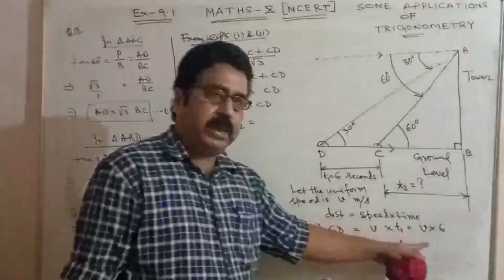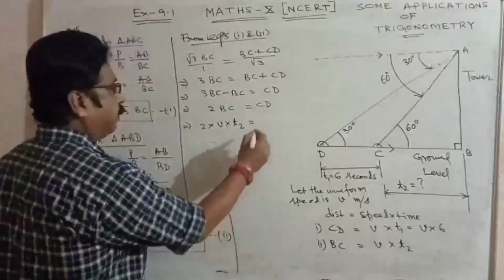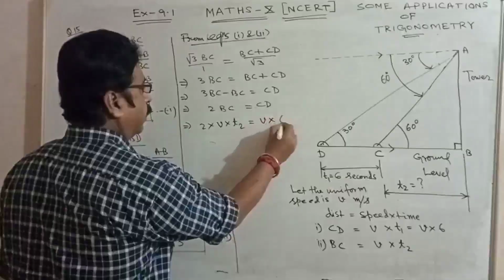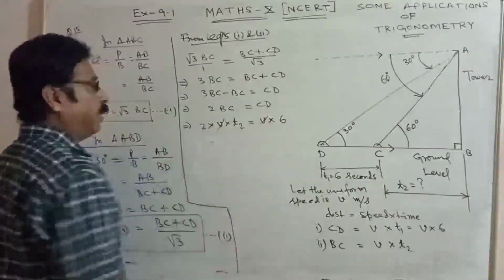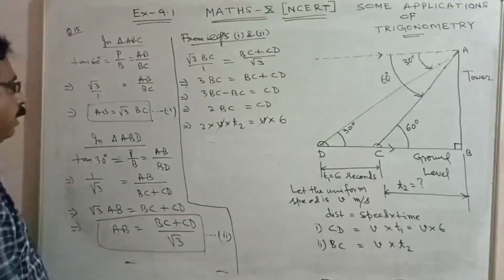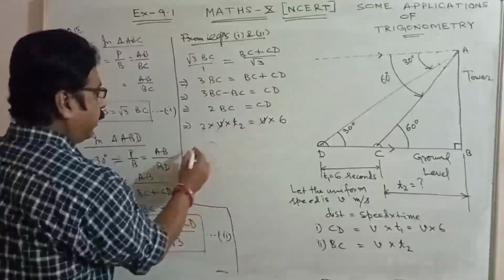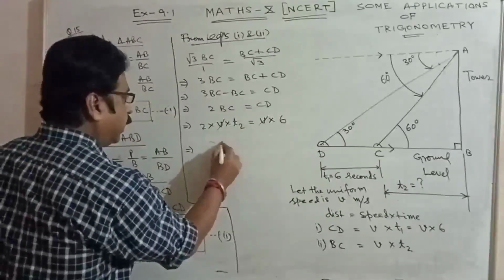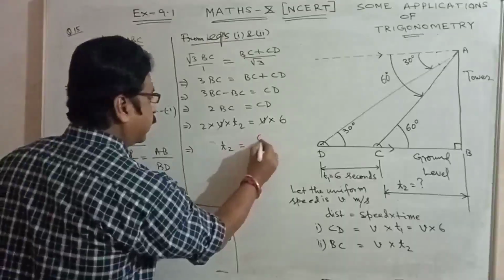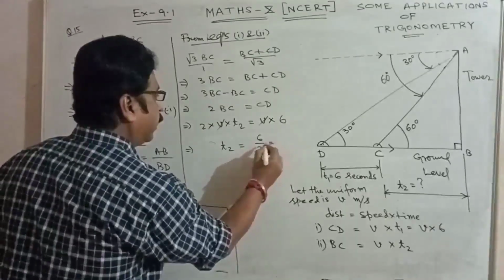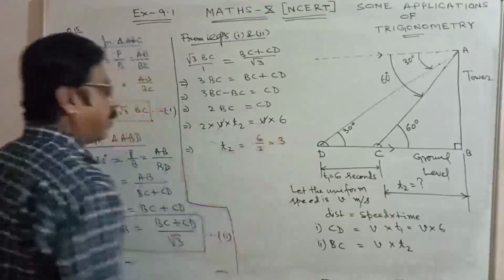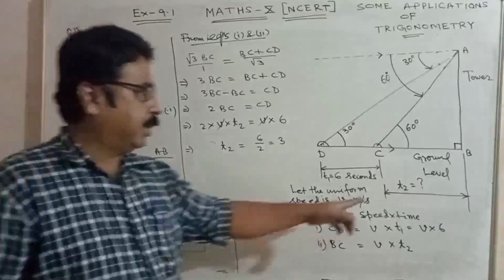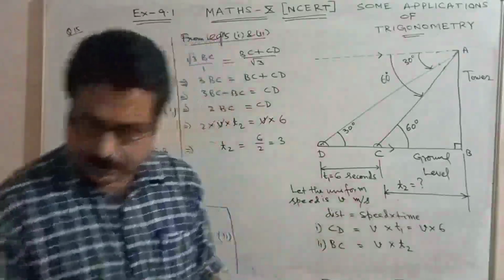CD is V into 6. V and V we can cancel. Now 2T2 equals 6. T2 equals 6 upon 2. That means time T2 we got.